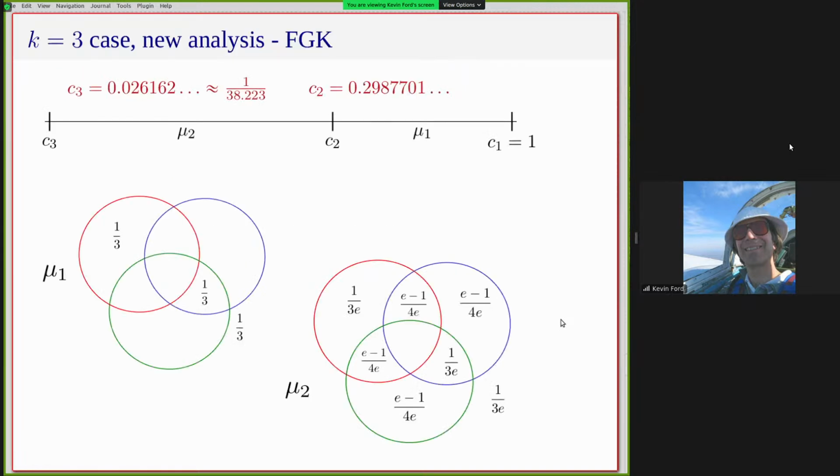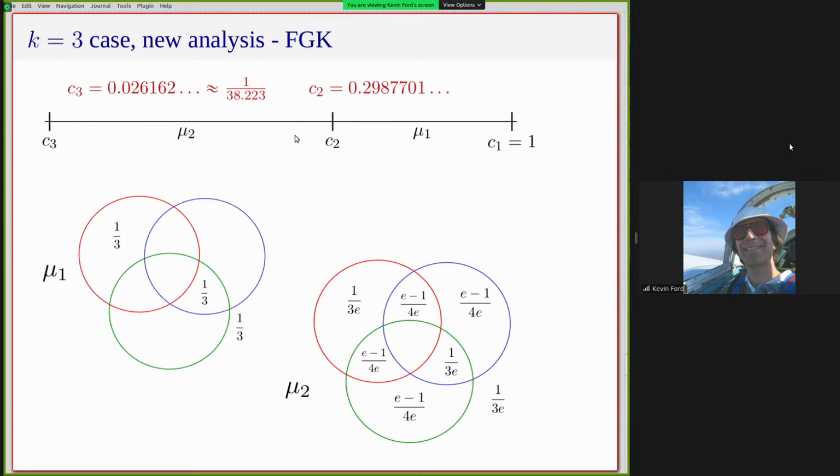So our new analysis, let's say in the case k equals 3, now we want 3 equal subset sums, which I indicated by these three colored circles here, and I've created the full Venn diagram. We also have two intervals. The first one is actually very short. The ratio of C1 to C2 is something like 3.